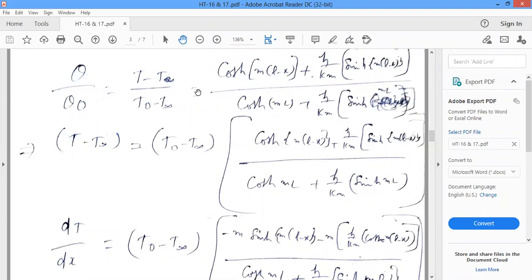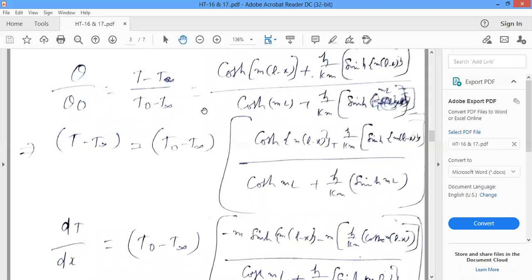What are the boundary conditions? First boundary condition: at x equals 0, T equals T naught, or theta equals theta naught, where theta naught is equal to T naught minus T free stream.